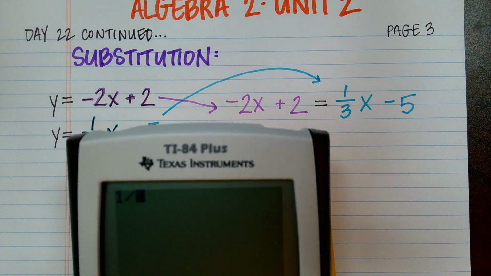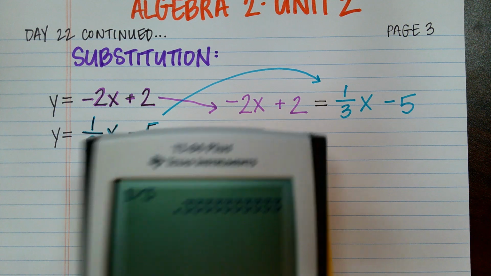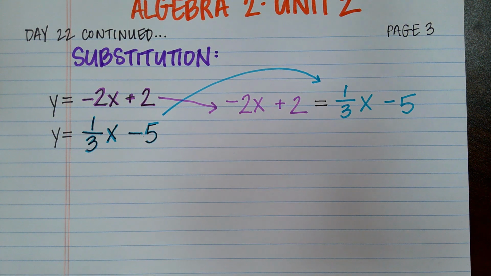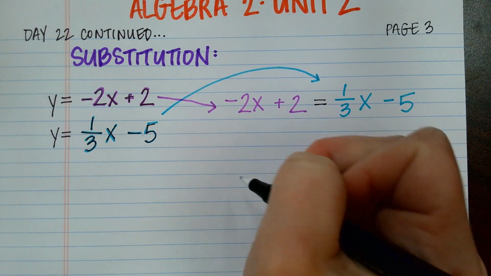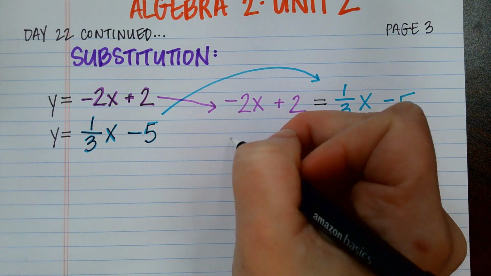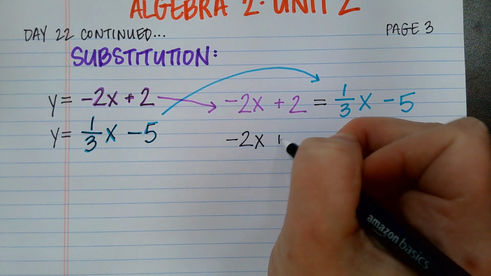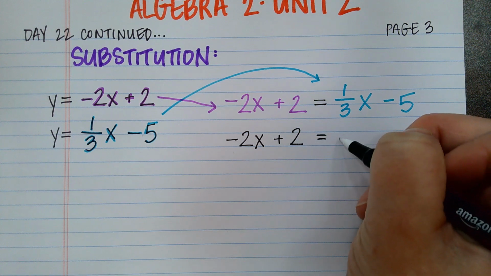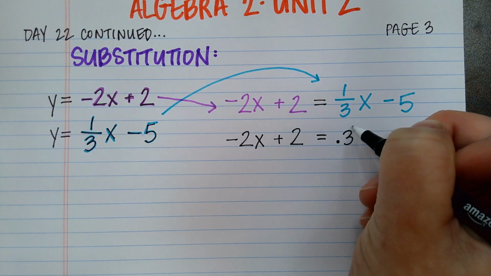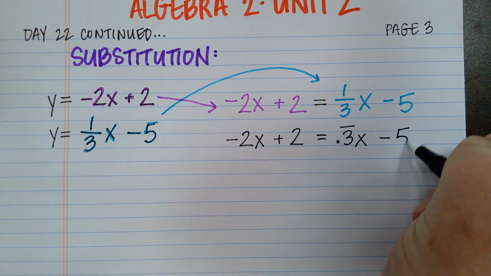We're going to get 0.3 repeating. So instead of 1/3 x, again, you could keep it like that. I'm going to rewrite my equation and write 0.3 repeating instead. So negative 2x plus 2 equals 0.3 repeating x minus 5.